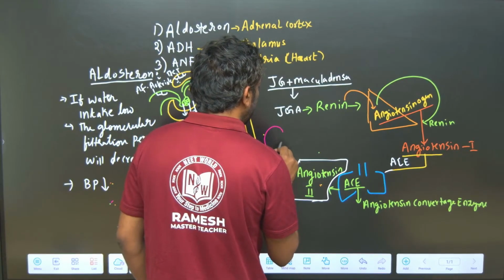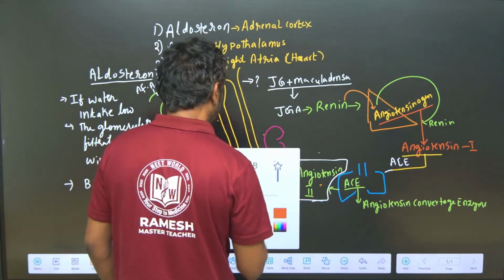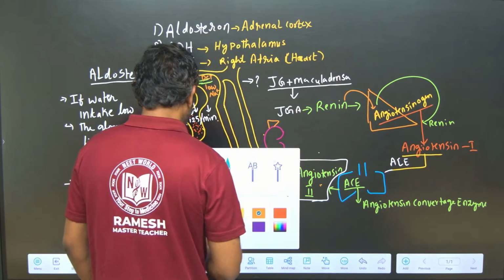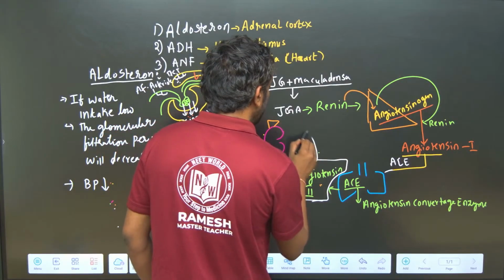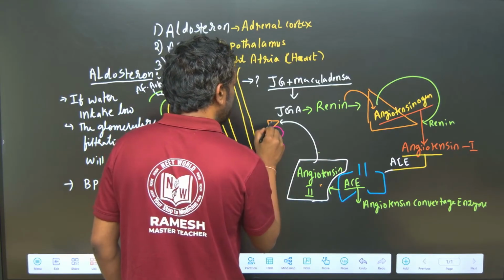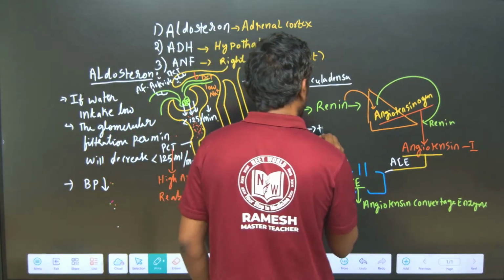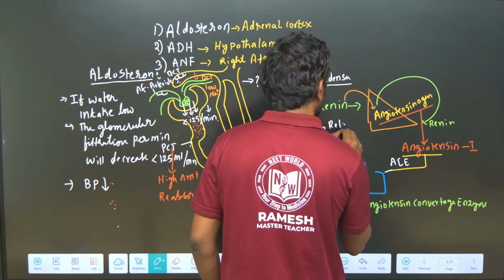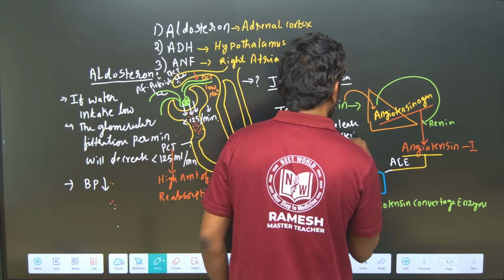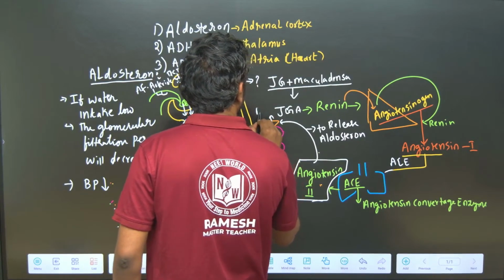There is a gland above the kidney, the adrenal gland. This angiotensin 2 acts on the adrenal cortex to release aldosterone.